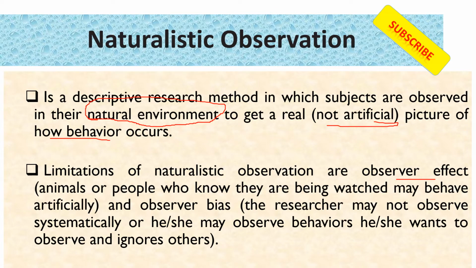We also have what we call observer bias, a tendency by the researcher to not observe certain issues and ignore them. So one tends to be subjective, and may overlook certain issues as an observer, and this is natural. These are some of the limitations of this type of methodology.